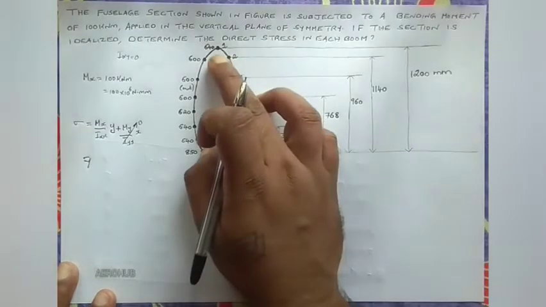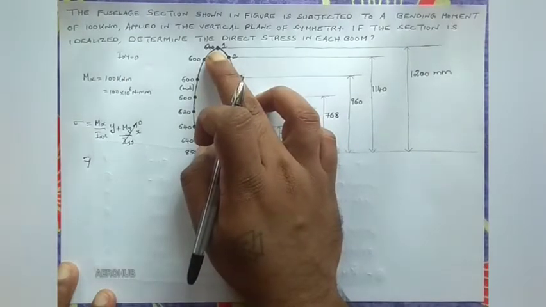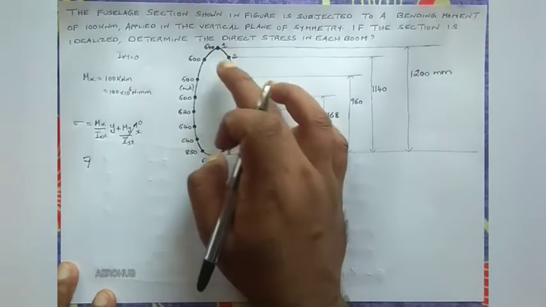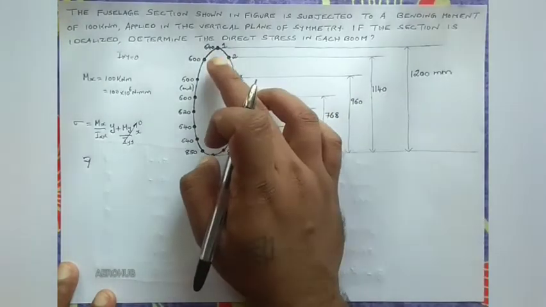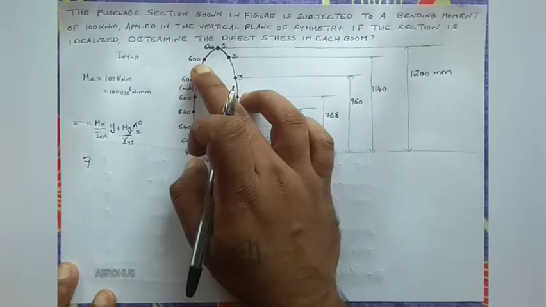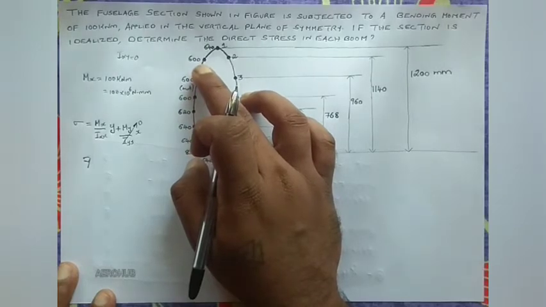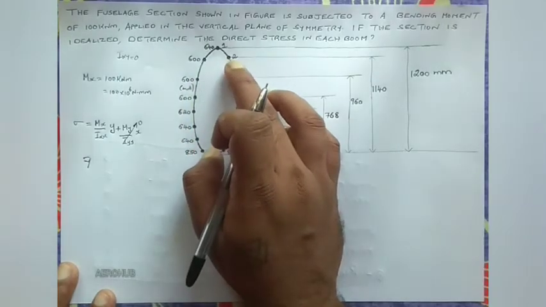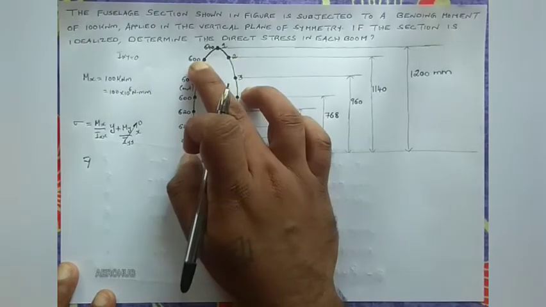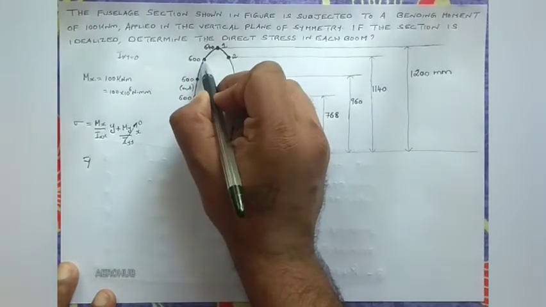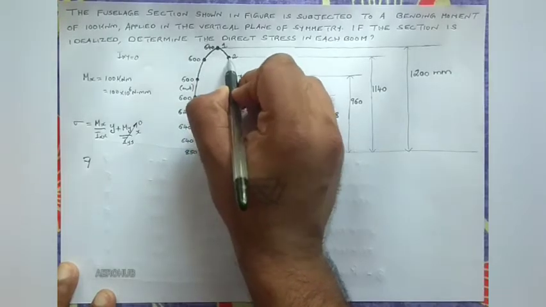We can see in this section we have 16 boom areas, and since the section is symmetric about the vertical axis, boom area 2 and its mirror boom will have the same area, that is 600 millimeter square.